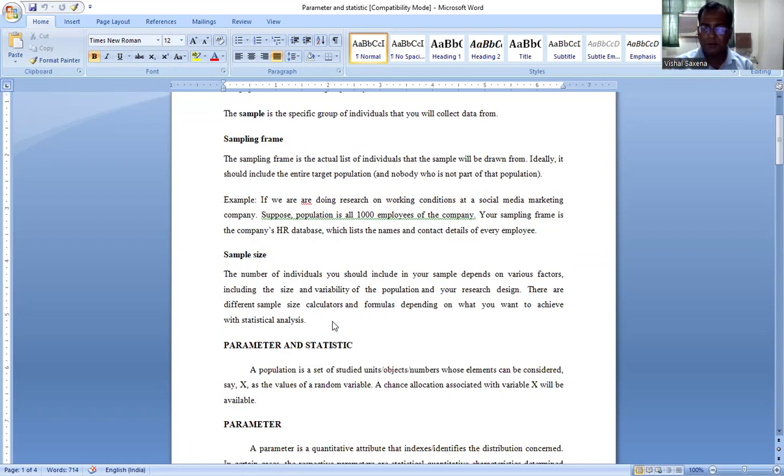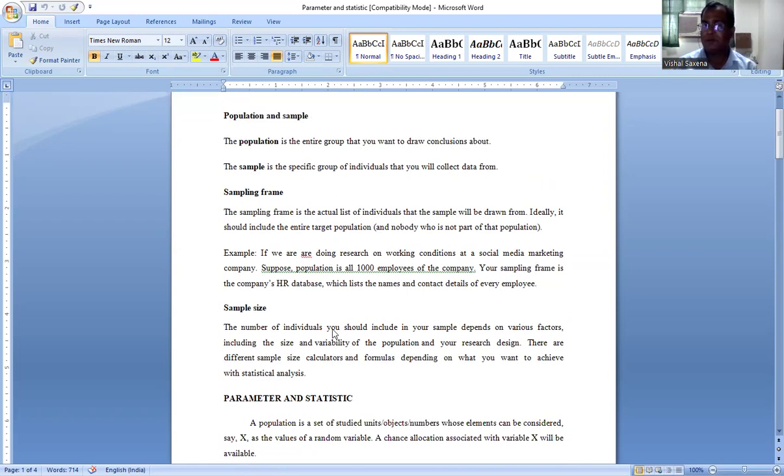Before reaching parameter and statistics, we first have to understand the meaning of population and sample. Because population and sample are two very important concepts of statistics, and they will also be used in the sampling process.